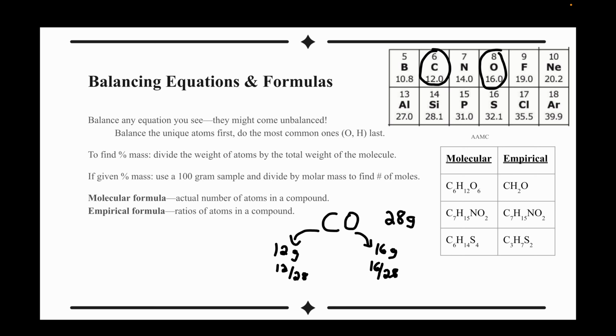Next up, we need to divide 12 by 28 to find carbon's contribution, and 16 by 28 to find oxygen's contribution. 12 over 28, if you divide by 4 on the top and bottom, can simplify to 3/7. And then 16 over 28, you could do the math again, or you know that these both add up to 1, so you know this simplifies to 4/7.